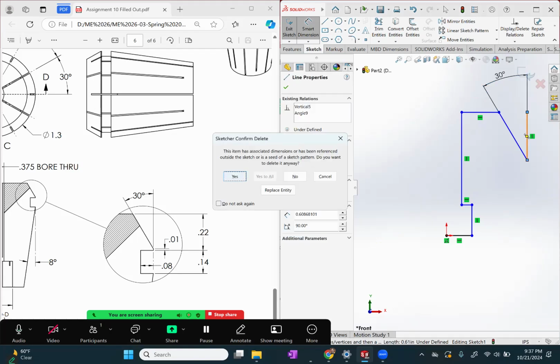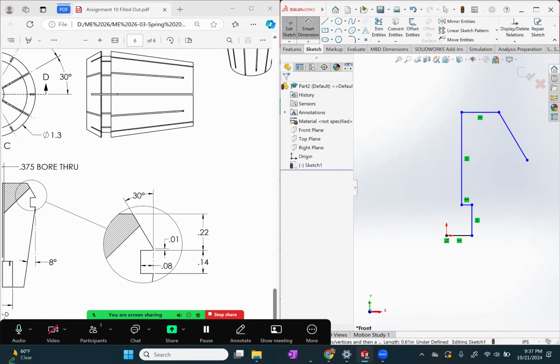Not sure if it'll like me deleting this line. No, I deleted the dimension with it. That's okay. So now I have this line, but I don't know the distance quite yet. I wonder how we can approach this.